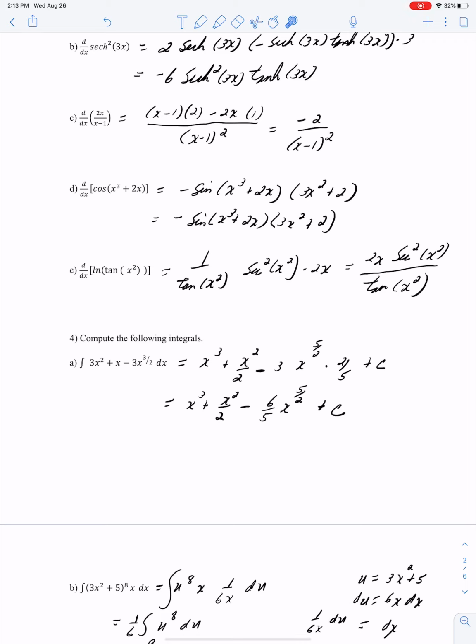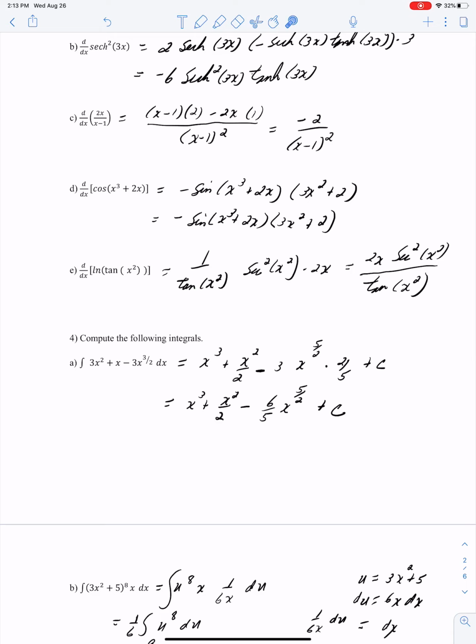So let's look at E. E, again, multiple application of the chain rule. The outside function is natural log. What's the derivative of the natural log? 1 over the inside. So I go 1 over tangent of x squared. Then I have to differentiate tangent.